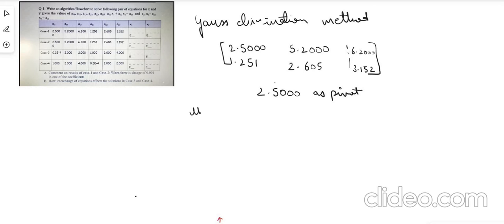Then we will perform the following operation on the matrix, that is R2 minus R1 into A21 upon A11.